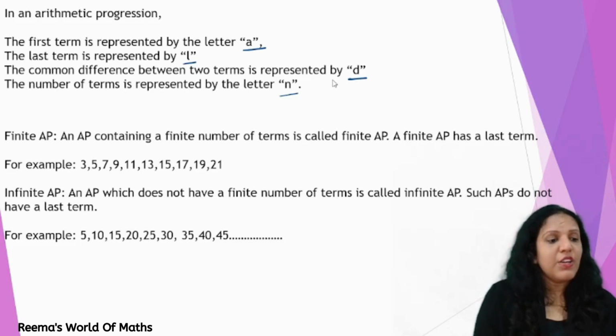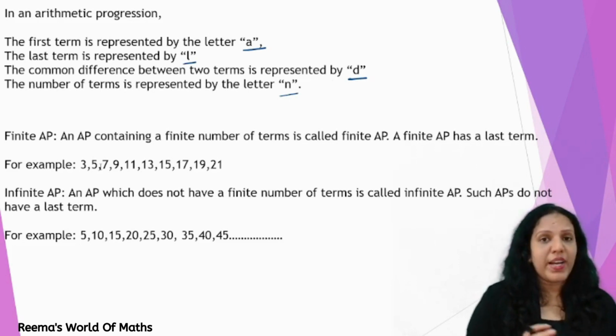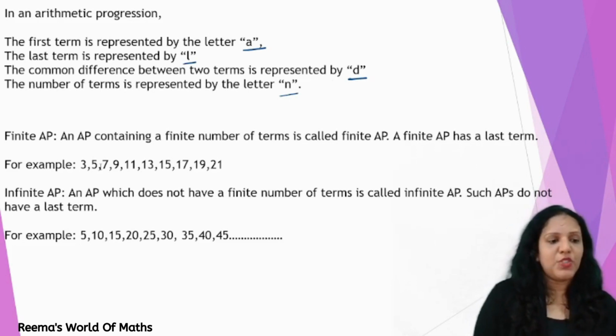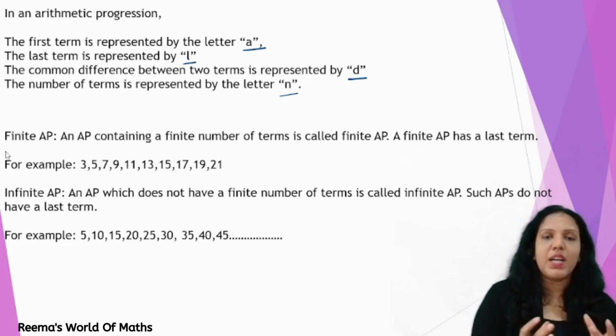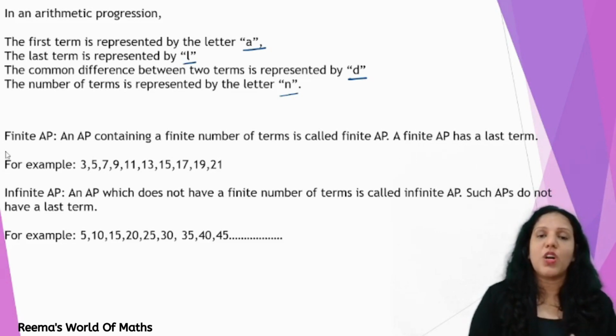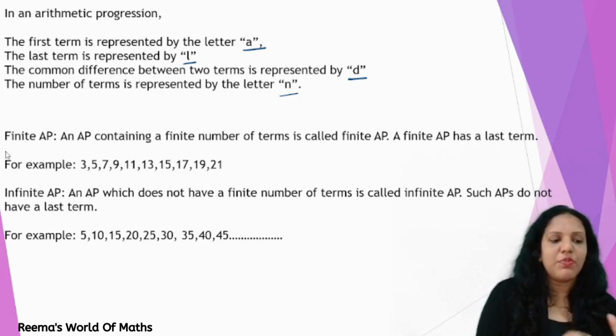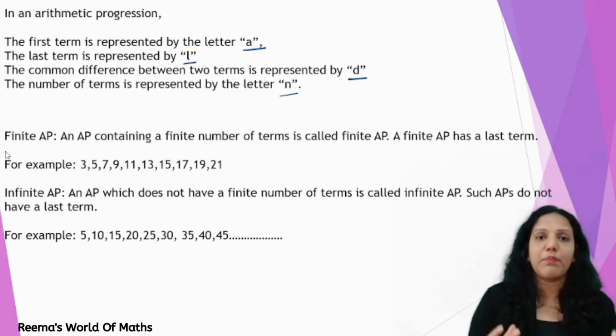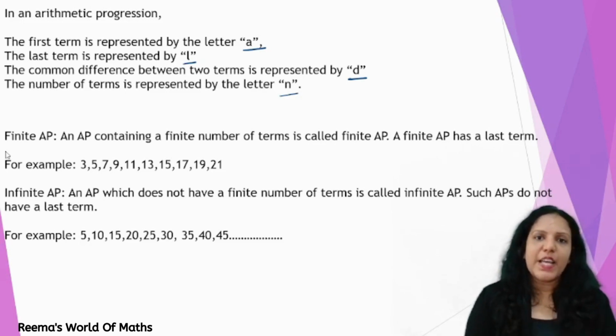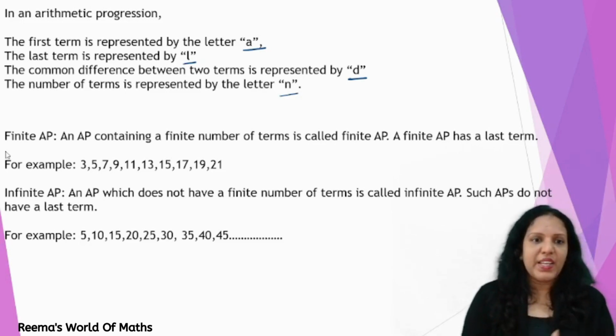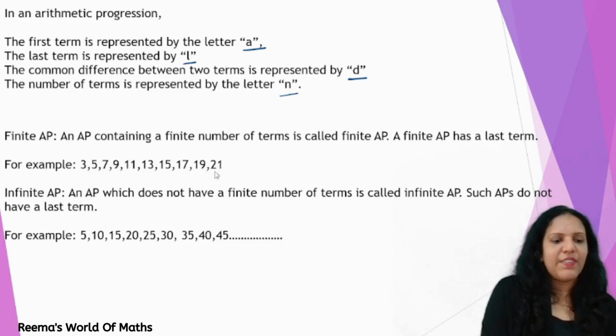Another one, finite AP. There will be finite AP and infinite AP. An AP containing a finite number of terms is called a finite AP. A finite AP has a last term. So if it is finite, we know the total number of terms in the AP. For example, 3, 5, 7, 9, 11, 13, 15, 17, 19.